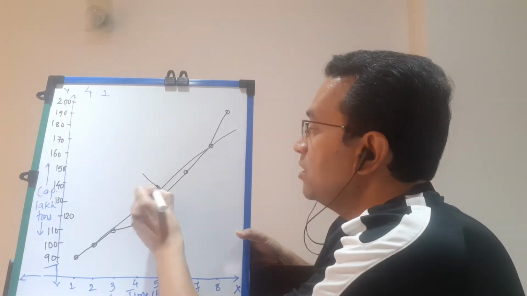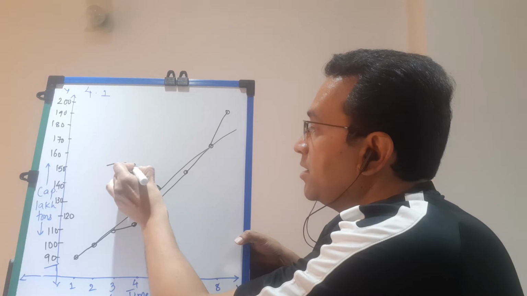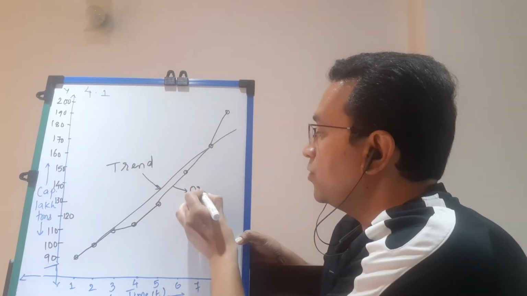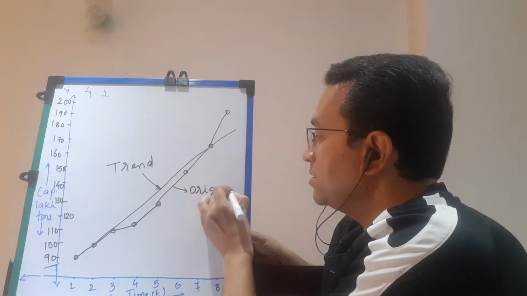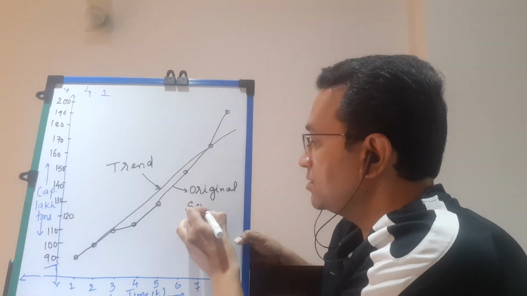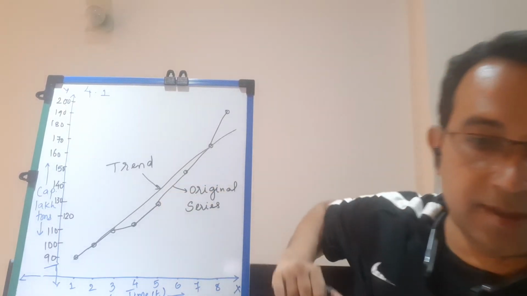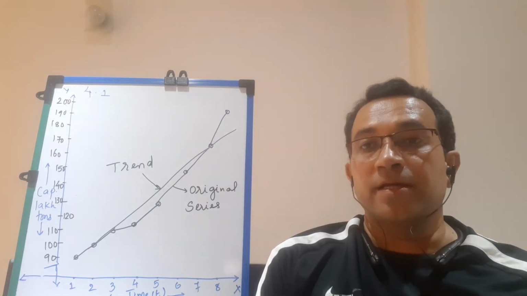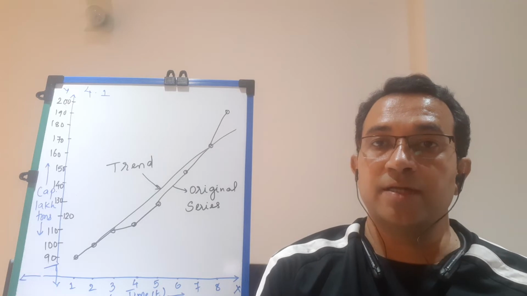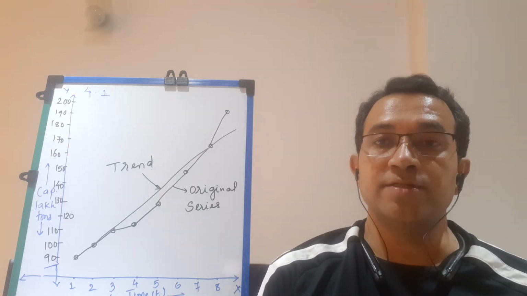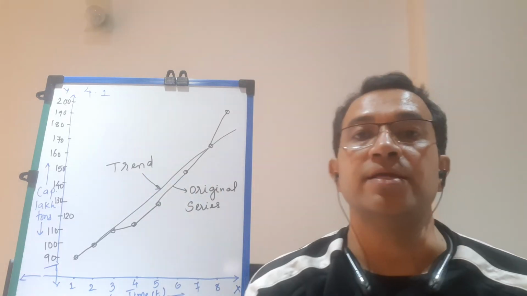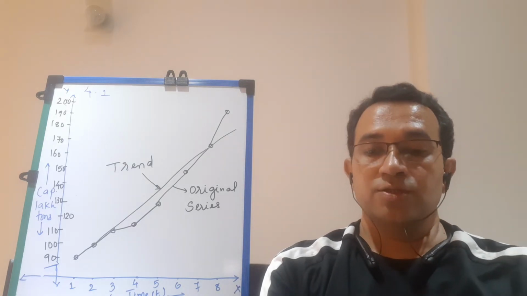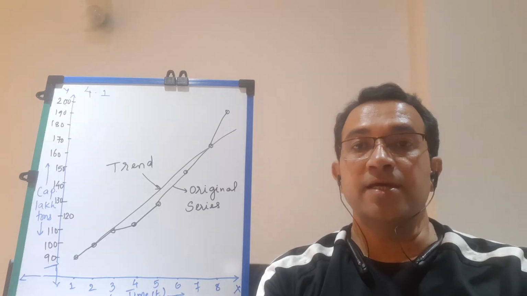So this is our trend line or trend, and this graph is of original series. Clear? A trend line is drawn exactly passing through 2 points such that that line is nearby the original series. So this is how, students, we fit the linear trend.